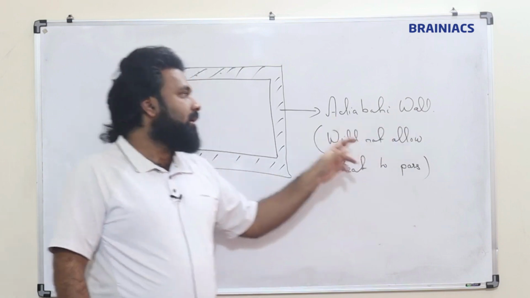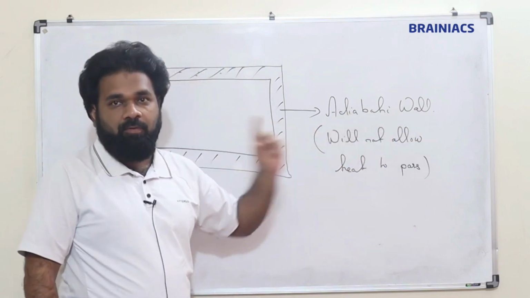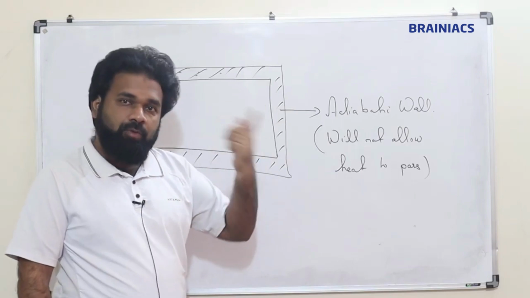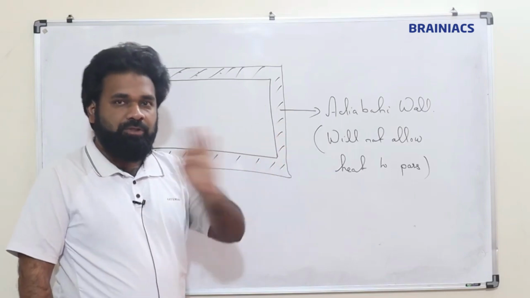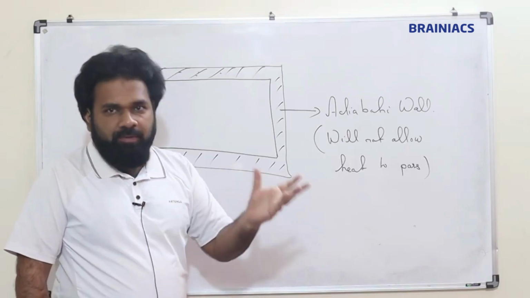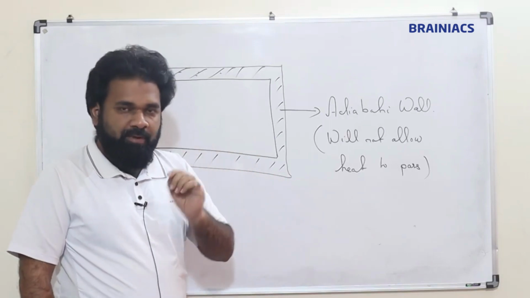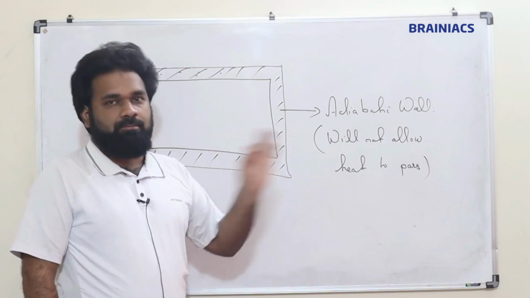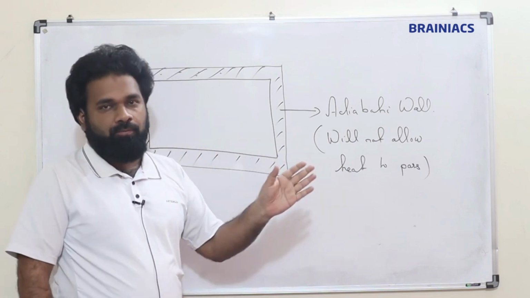Now you can understand that an adiabatic wall is a kind of wall which will not allow heat or energy to enter or leave. A simple example is a flask. A perfect or ideal flask, where no heat will enter or leave.